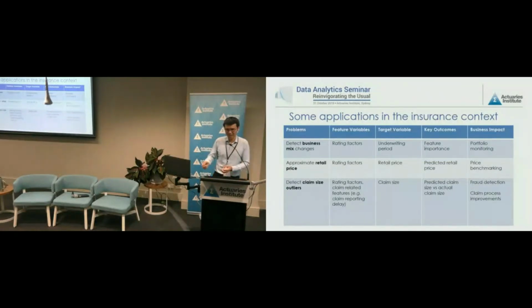If you get a claim of $20,000, that's an outlier. So GBM can help you quickly identify this and create red flags for fraud detection. It can also highlight areas to improve your claims process.